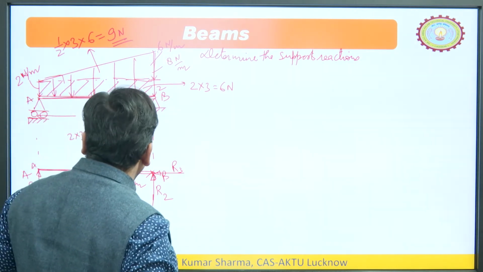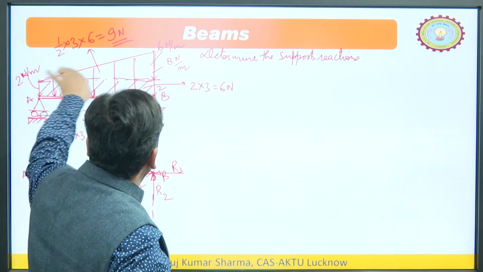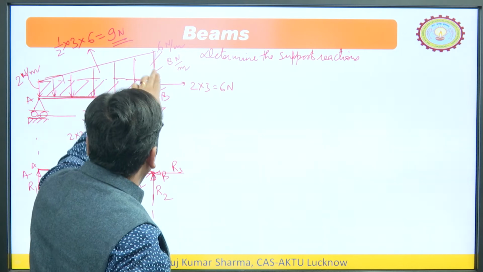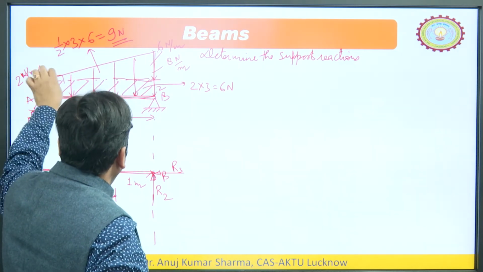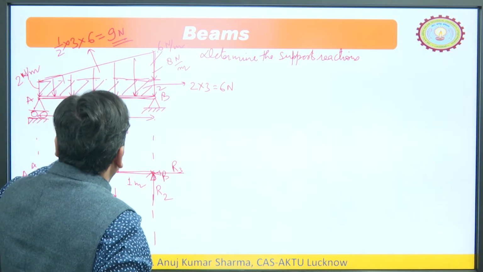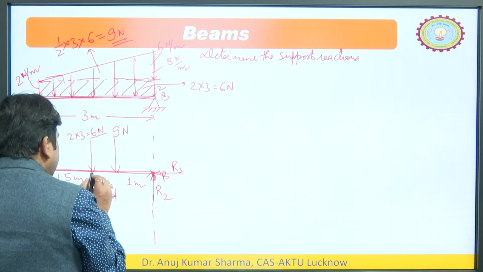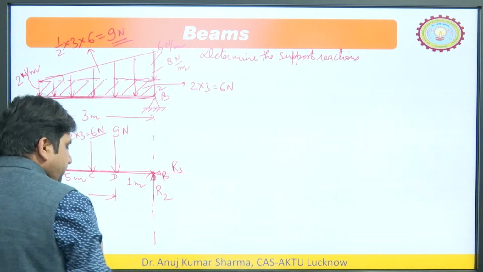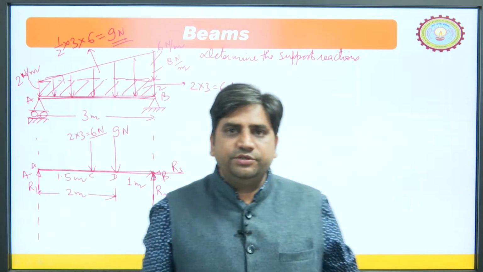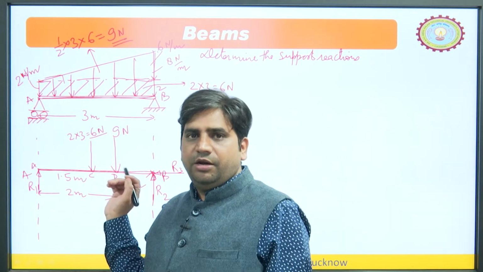So, likewise you can see we have converted this diagram into simpler geometries of a rectangle and one triangle, and we have applied those loads separately at different points. Let us say this point is C, this point is D, but actually we do not have these 2 points. So, we have drawn the free body diagram of this beam.